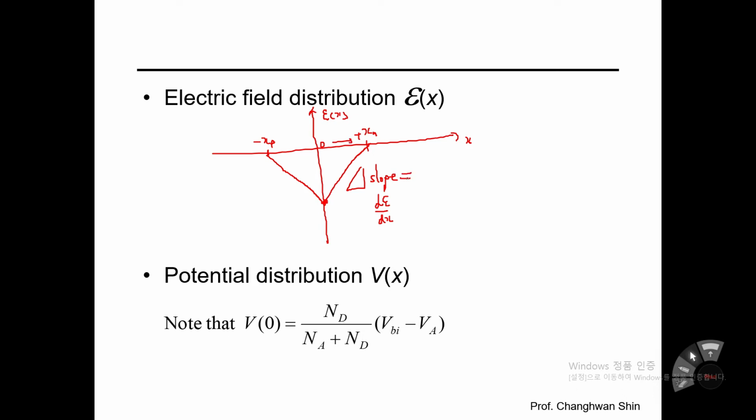So what kind of thing would determine the sensitivity of the electric field with respect to displacement or position in the P side, in the N side? So as we have known already, this slope is very dependent on the doping concentration, proportional to the doping concentration.